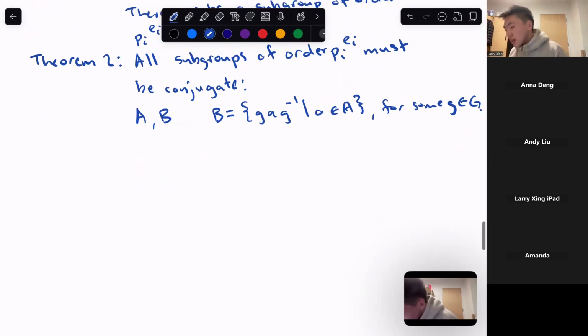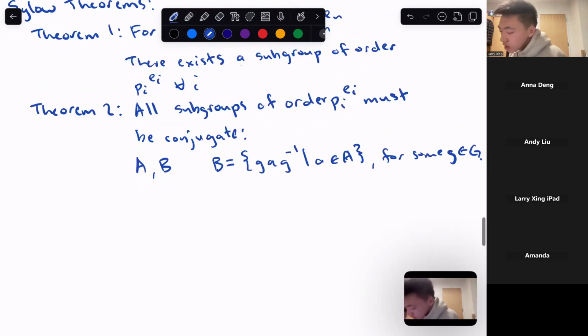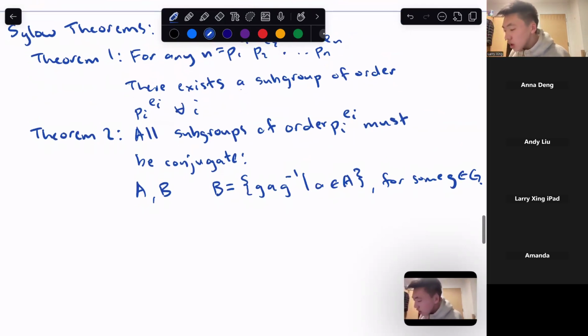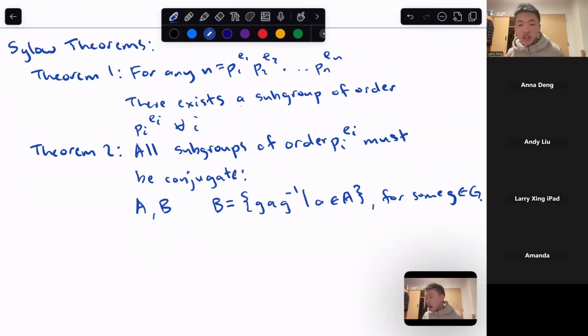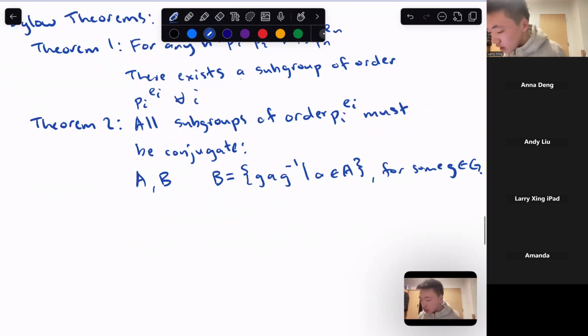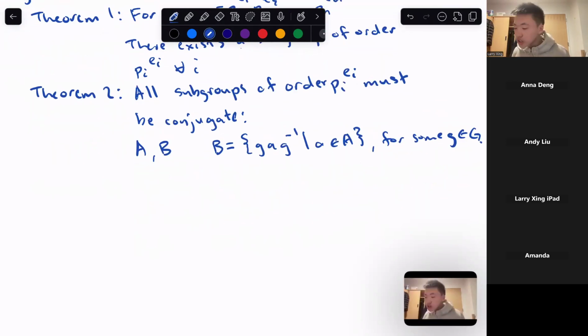And this is also not totally obvious to prove, but if you think about how a group's structure works, it is not too hard to convince yourself that this fact is in fact true.